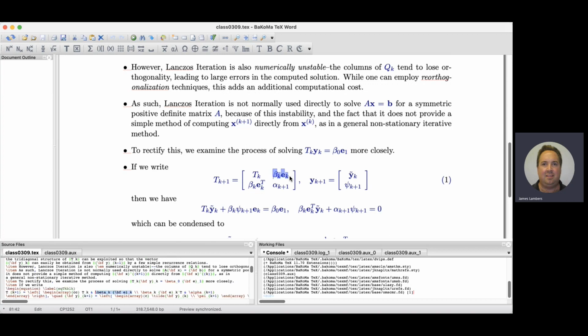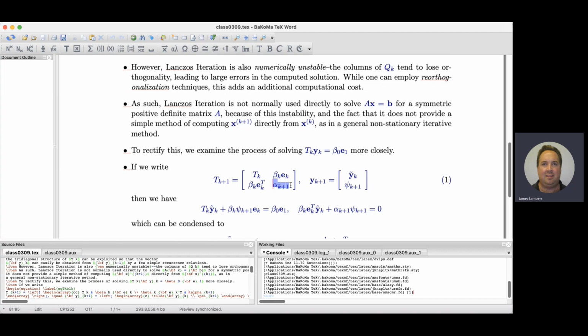For this extra column we're adding on, keep in mind e_k is the kth column of the identity matrix, so it's all zeros except for a 1 in the last position. So this vector here is all zeros except beta_k in the last position. Here we have a transpose of that, so this portion of a row we're adding on is also all zeros except, again, beta_k in the last position.